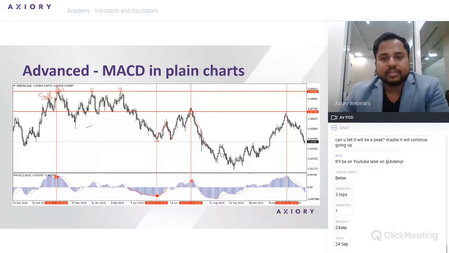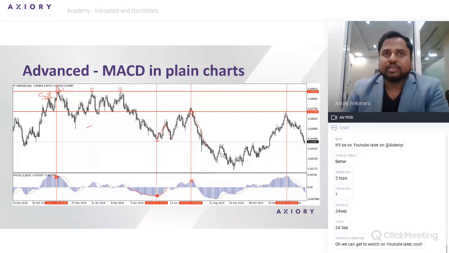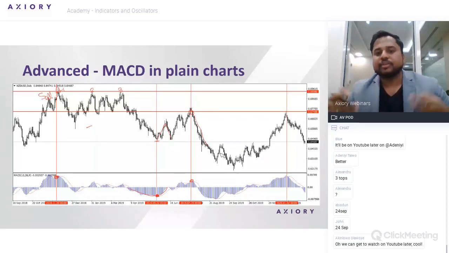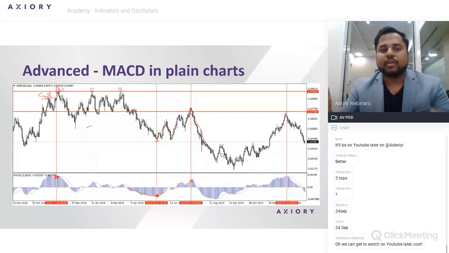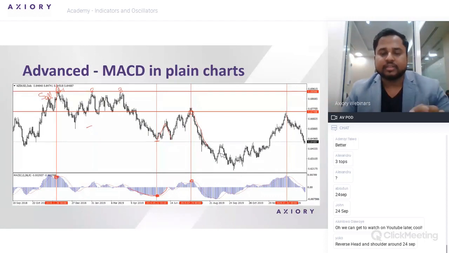But for beginners, it is like a helping hand. I always start with the naked price action chart, but in the initial days you can use this as a small help. So when more conditions are satisfied, you take it. It's not that when you see a bottom and a MACD, just buy. No, it's not like that.